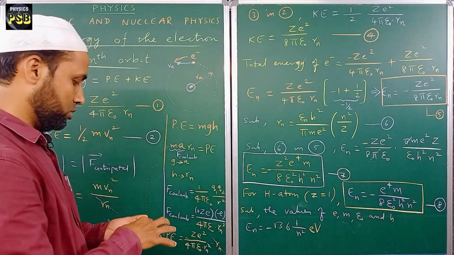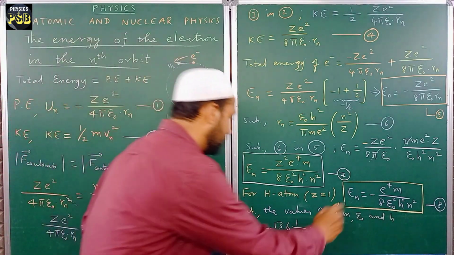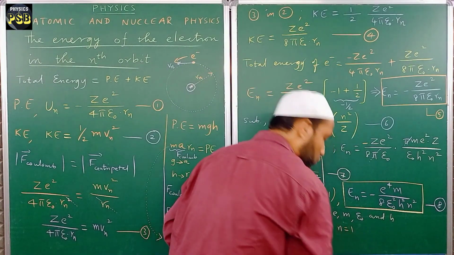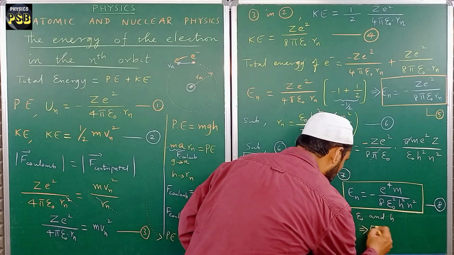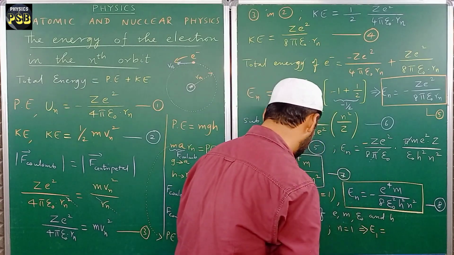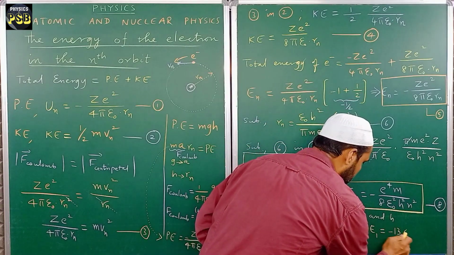Now suppose there is an electron present in the first orbit. In such a case n is taken as 1. When n is 1, En becomes E1, and the value we get is minus 13.6.